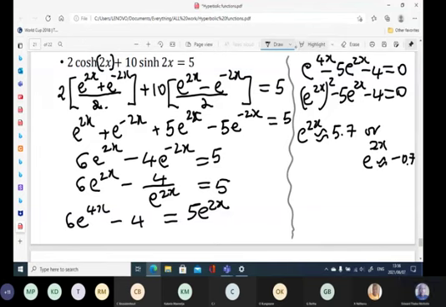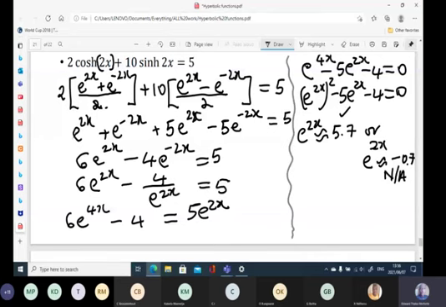Now, this one cannot be done. It's not possible. So we only focus on this one. The reason being that the logarithm does not take negative values. We discussed that in class. So the only one that we can solve is this one.